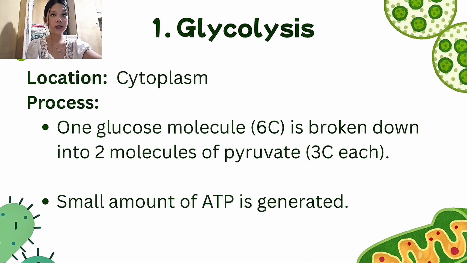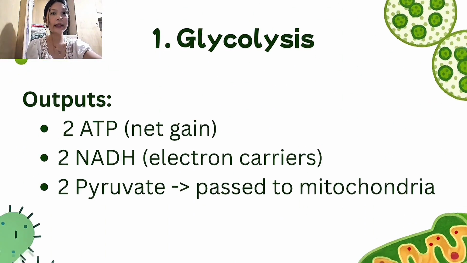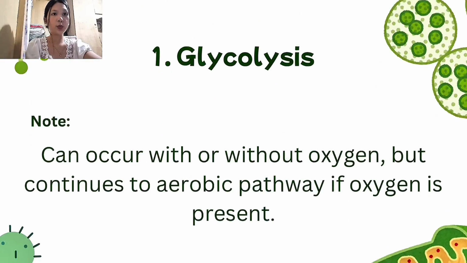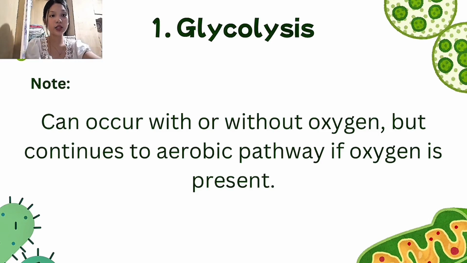The process produces a net gain of 2 ATP for immediate energy and 2 NADH for carrying high-energy electrons. So, the key point is glycolysis is efficient because it works with or without oxygen.